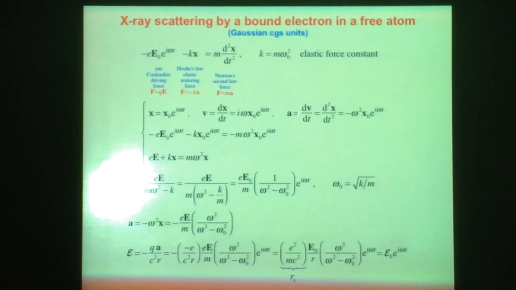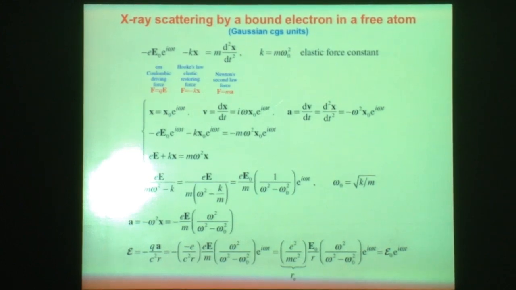So if we put that in for the acceleration here, and we put this in for the displacement, and we have this for the incoming radiation, so the equation of motion reduces to this, where we can just drop out the e to the i omega t factors because they appear everywhere, and in fact, we can factor them out.